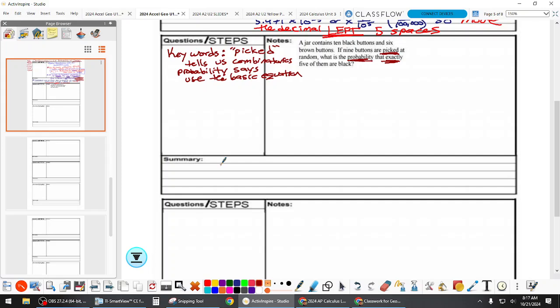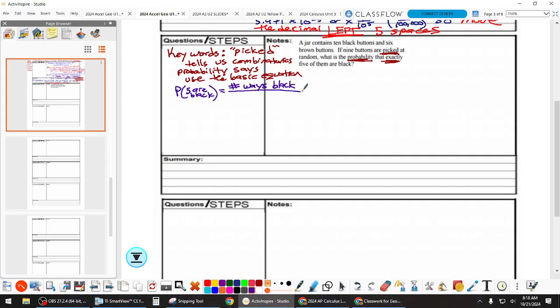Just want to keep reminding you that you need to identify what you're working with. So probability that 5 are black equals number of ways to choose black. And I'm abbreviating this, so if you don't like the way it is, just add a couple words.